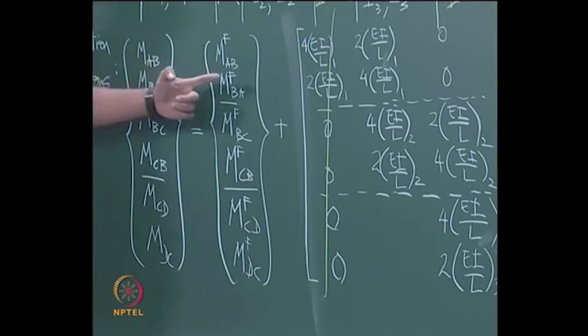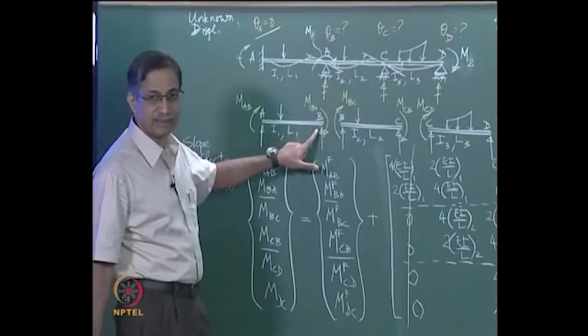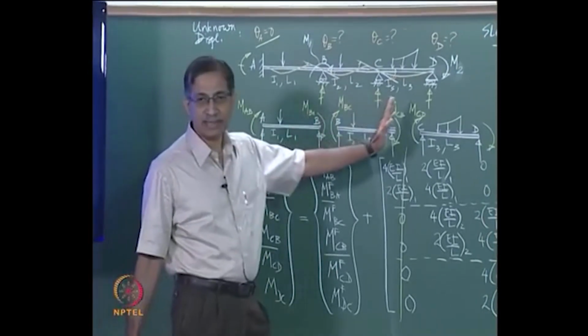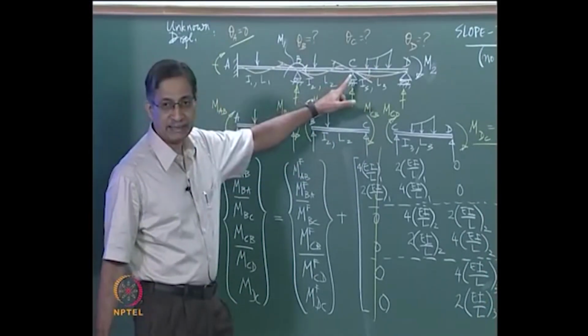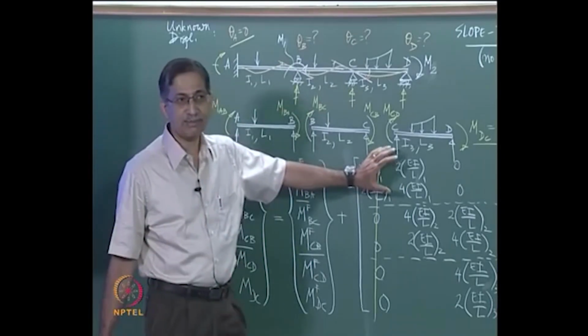Now you will notice that MAB and MBA, the end moments in this segment, do not depend on rotations that happen far away. What happens at theta C is not reflected in these equations, right? That is the beauty of it.